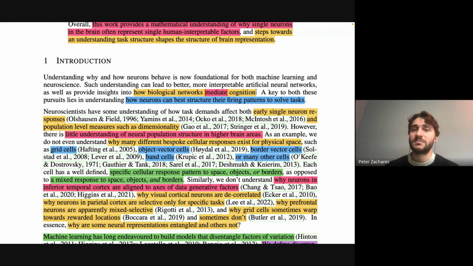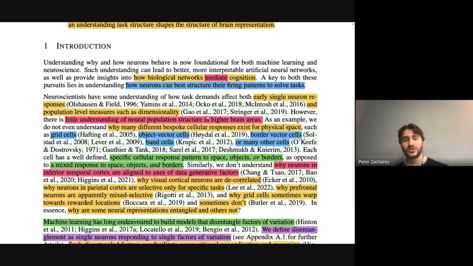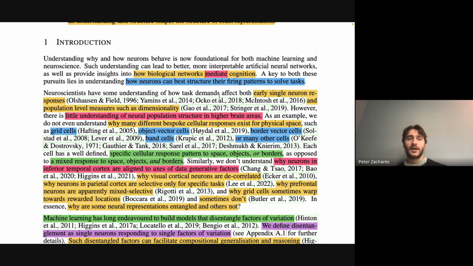In neuroscience, mediate means to control or to cause it to happen, whereas in a lot of other contexts, it has another meaning.